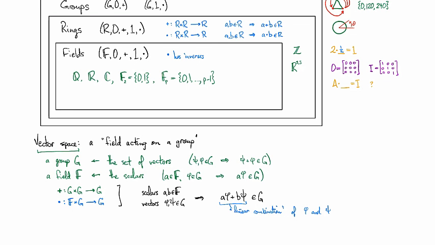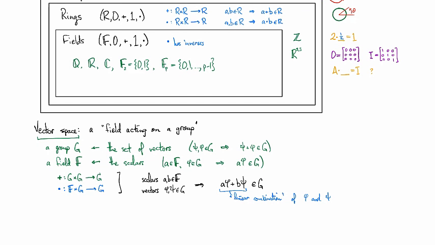And in particular, the set of vectors has a group structure and the set of scalars has a field structure. So we're going to go on into the next chapter, and I'll give you the definition of a vector space. It's going to be this big, long, hairy list of like 10 or 12 bullet points that need to be satisfied.